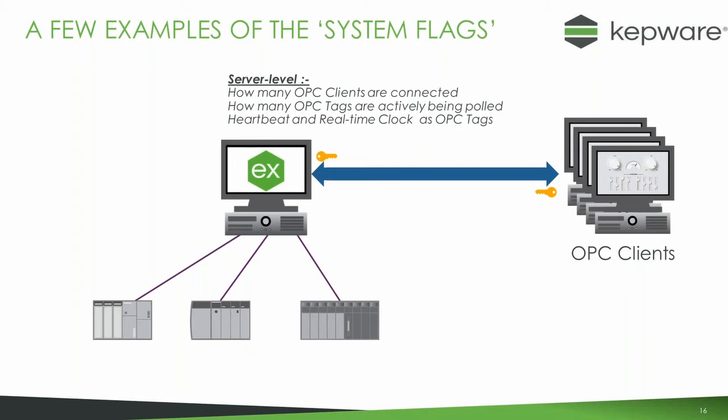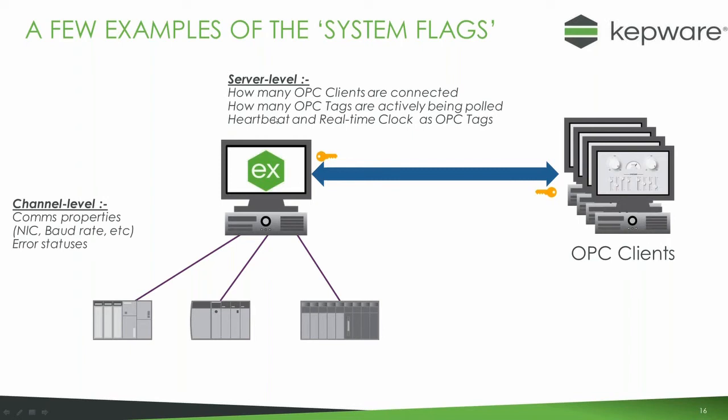We've had this in the past where people have written their own clients, and looking at the OPC server, you see hundreds of clients connected because the OPC client has not been written properly to disconnect in a controlled manner. It just falls off and then reconnects as an additional client. So again, this is very useful for diagnosing faults outside KEPServer.